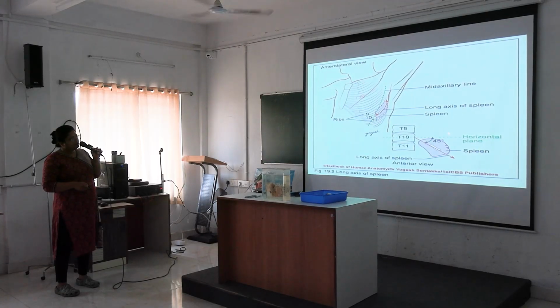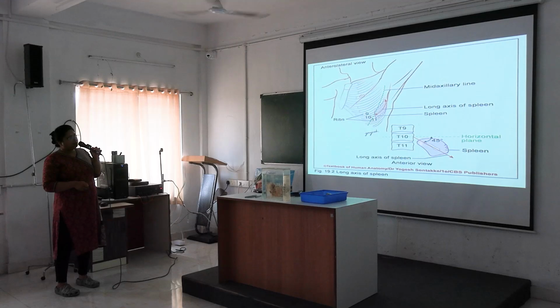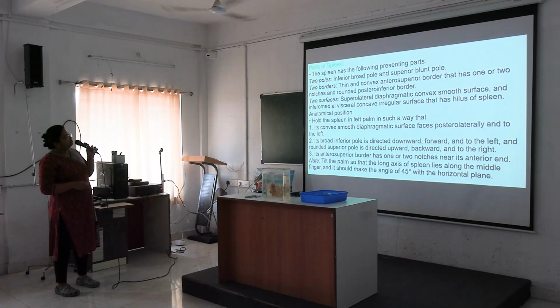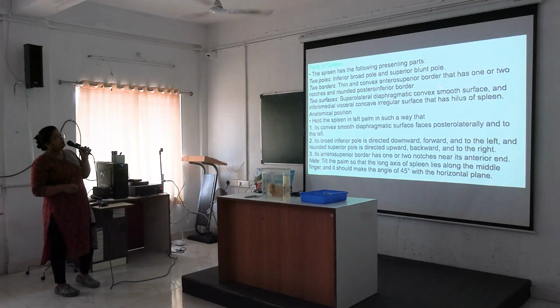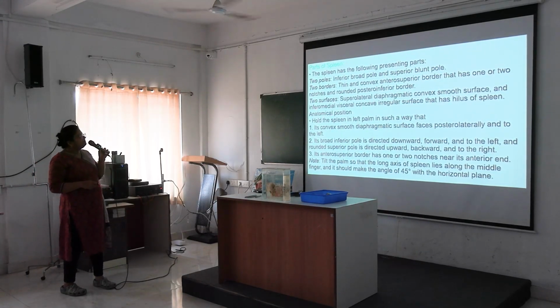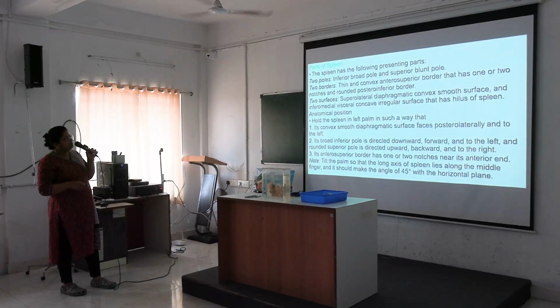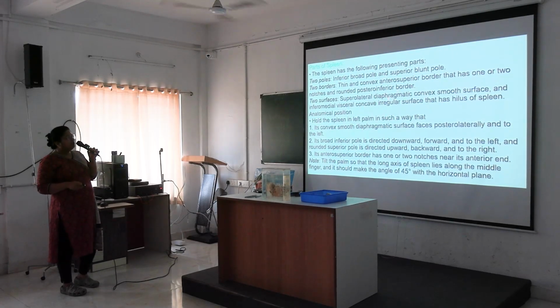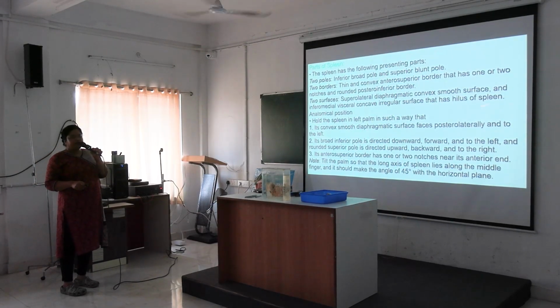Here you can see the antero-superior border with some notches, and this is the posterior-inferior border. And there are two surfaces: the superolateral or diaphragmatic convex smooth surface, and the inferomedial or visceral concave surface. It is an irregular surface and has the hilum of the spleen.